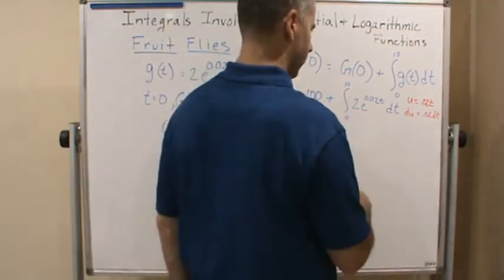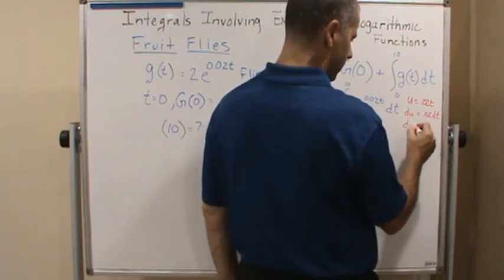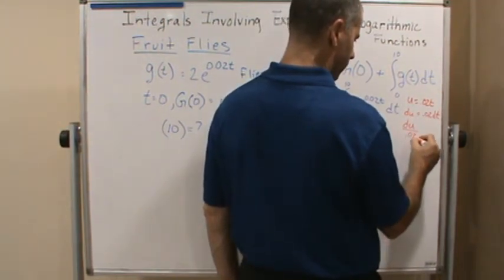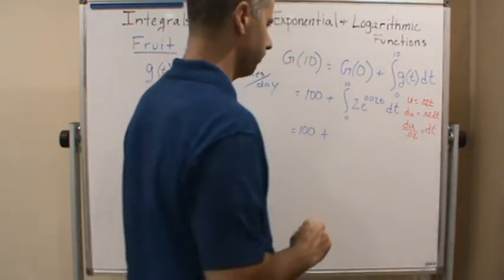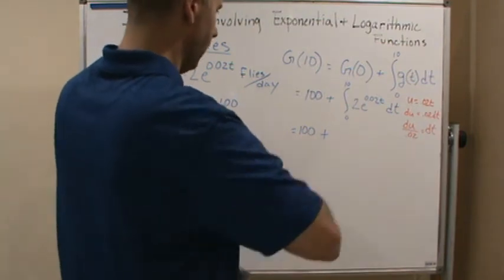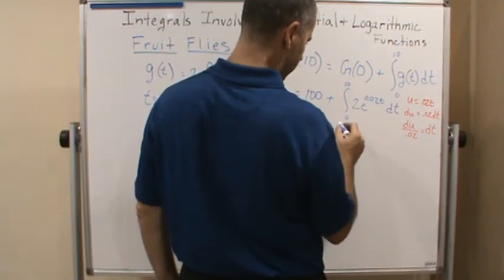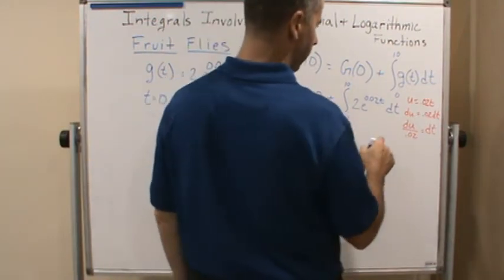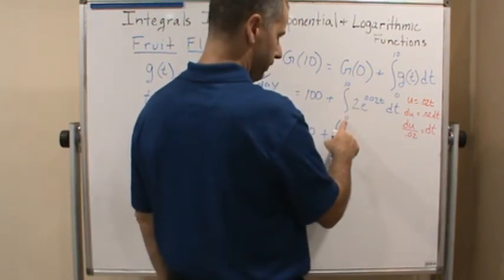I'll just divide, so du over 0.02 equals dt. Now I'm going to substitute in, and I've got to change my limits of integration as well.